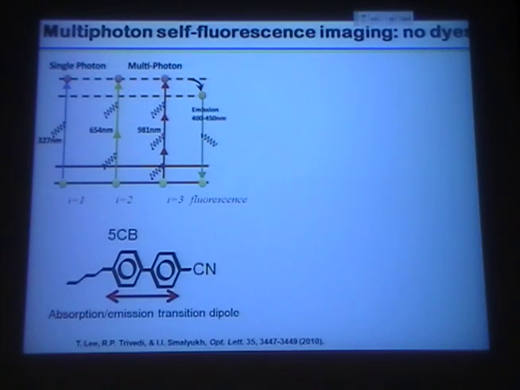Instead, what you could do is you could do 2-photon excitation of the very same molecule at 654 nanometers, right? That would be equivalent to this single photon process here. Or instead, you could use 3-photon absorption process at 981 nanometers, right?